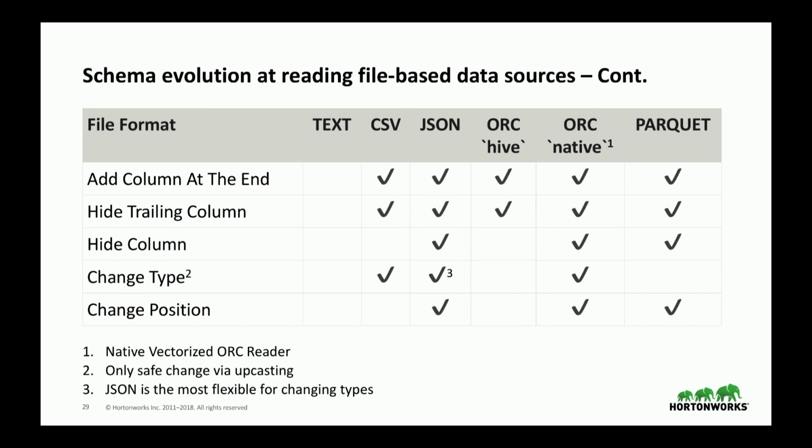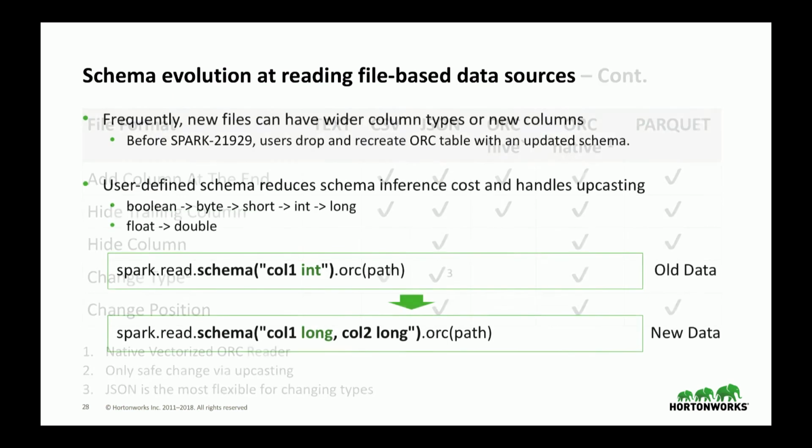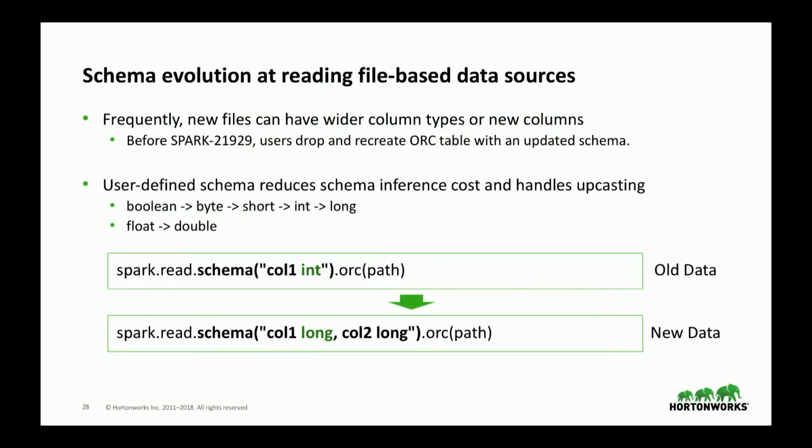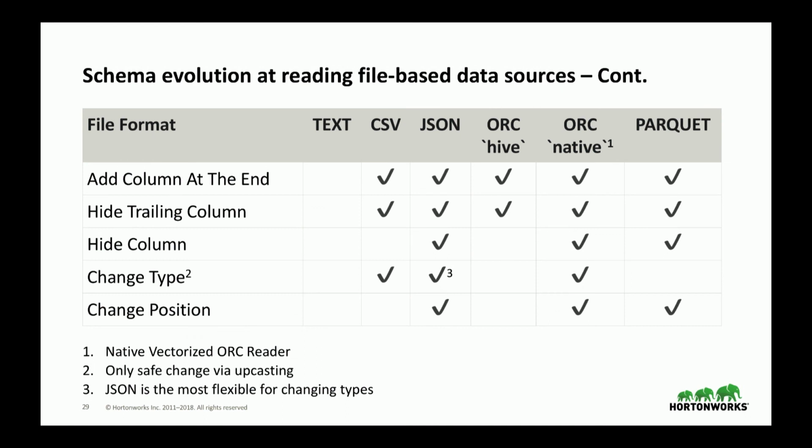For the specific ORC case, it only allows this kind of combination, so you cannot assume all kinds of compatible changes. Among the vectorized ones, Parquet and ORC, ORC provides the most flexible schema evolution.